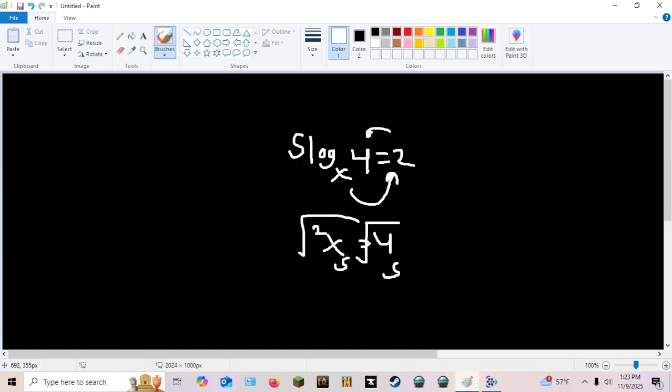I don't want to apply the plus or minus. So these will cancel. x is equal to, I know that 2 tetrated to 2 is 4, so that means x is 2.